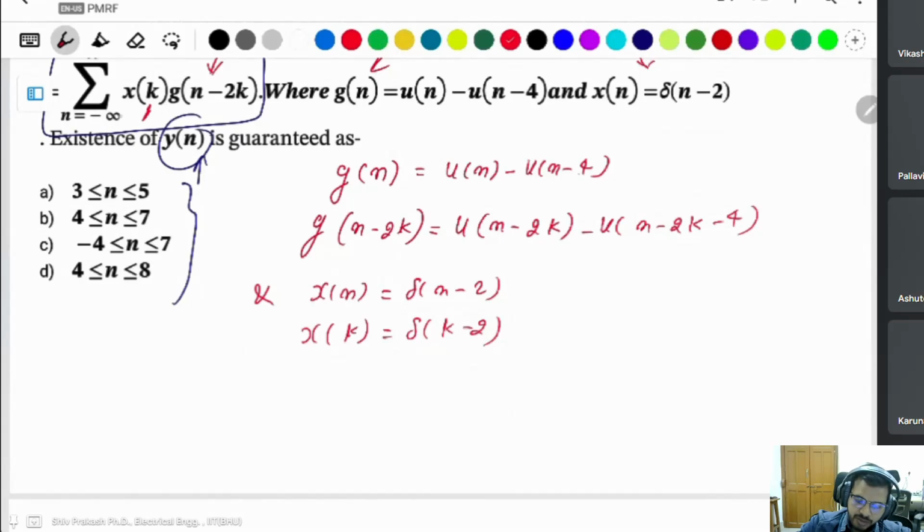Then in this case, take the summation from n equal to minus infinity to infinity of x[k], x[k] is equal to delta[k minus 2], then delta[k minus 2] into g[n minus 2k].